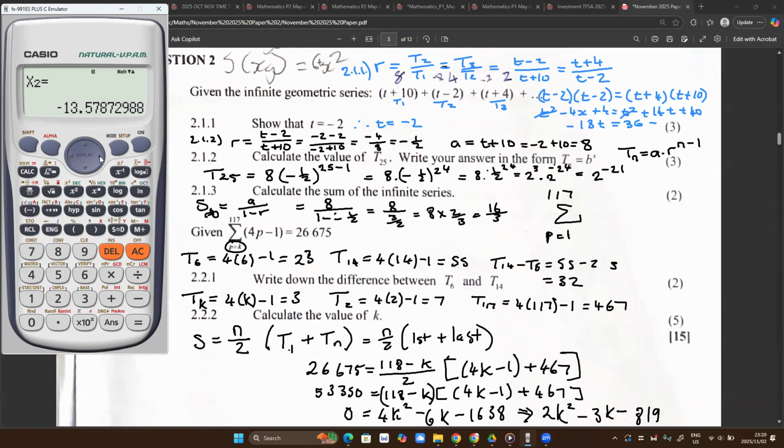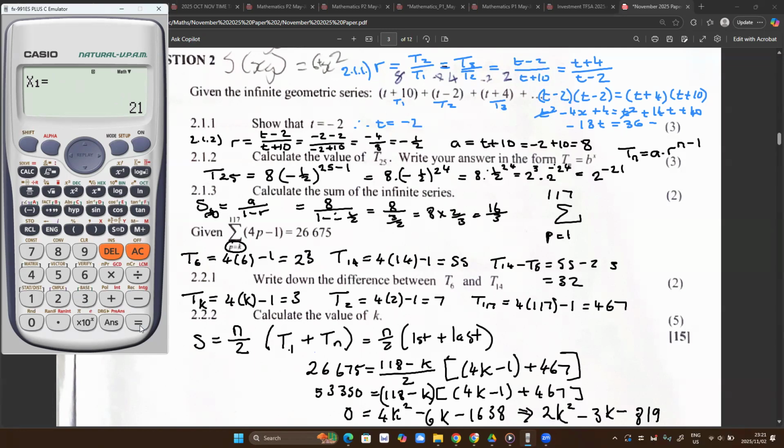What's happening? A is 2, B is negative 3, and then C is negative 819, which is correct.